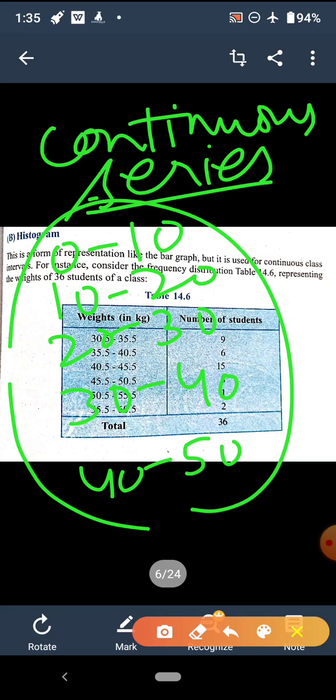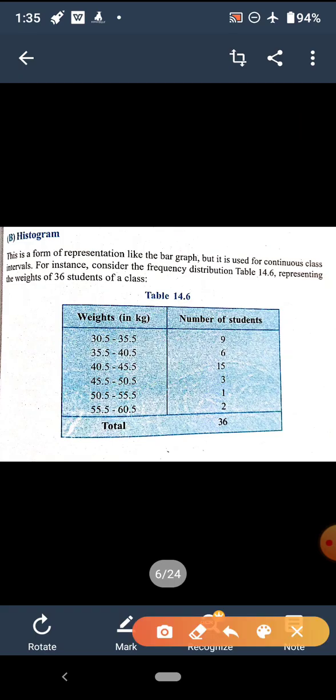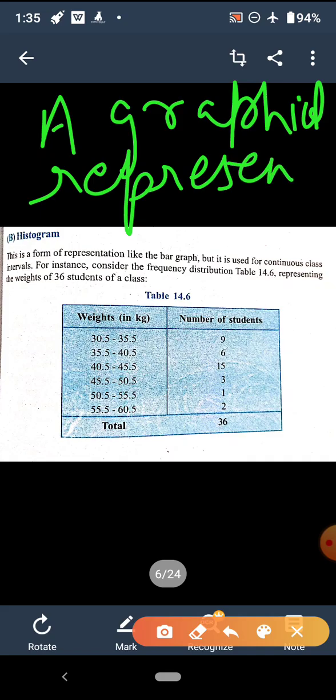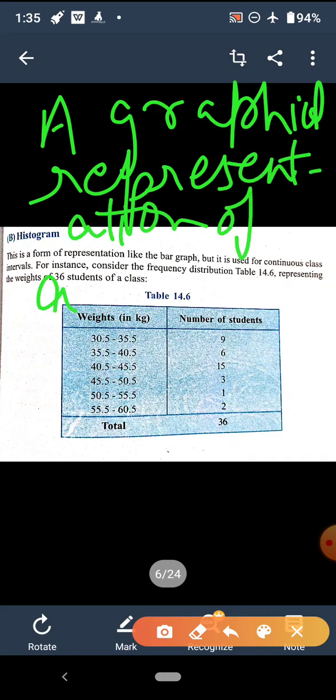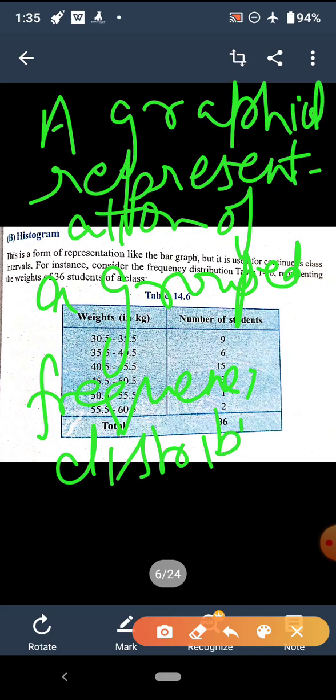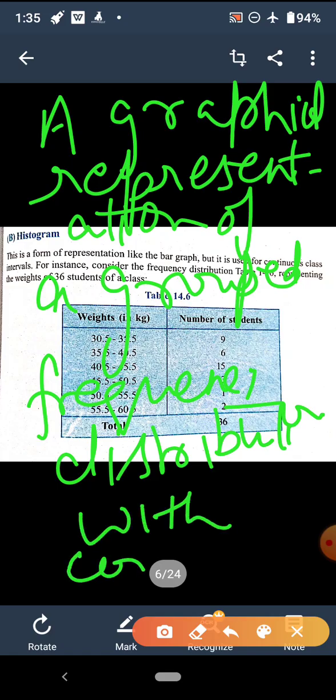So what is a histogram? Firstly let us understand the definition. A histogram is a graphical representation of a grouped frequency distribution with continuous classes.